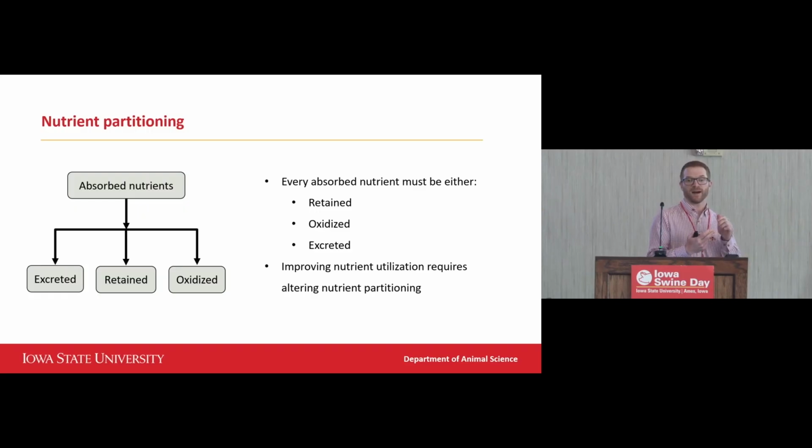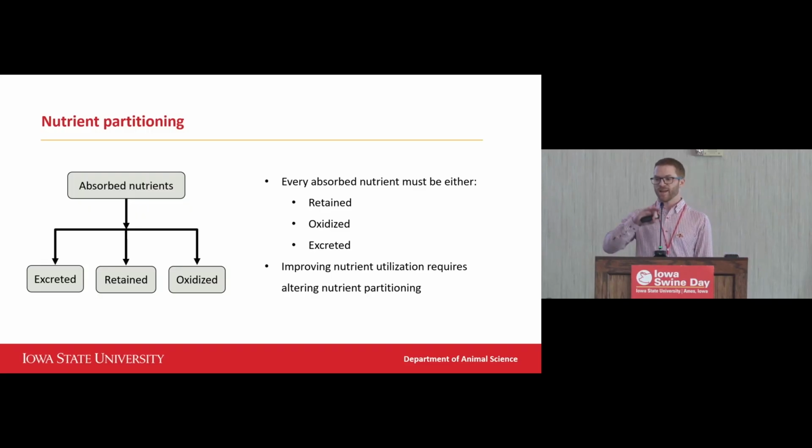That nutrient may be oxidized, whether for essential purposes, maintenance, or non-essential purposes. Maybe there's excess nutrients that the pig's going to oxidize and then ultimately excrete. And then there's excretion. That can be coupled with oxidation, but it can also be pre-absorption, right, on that digestibility piece. That which is not absorbed or digested ends up excreted.